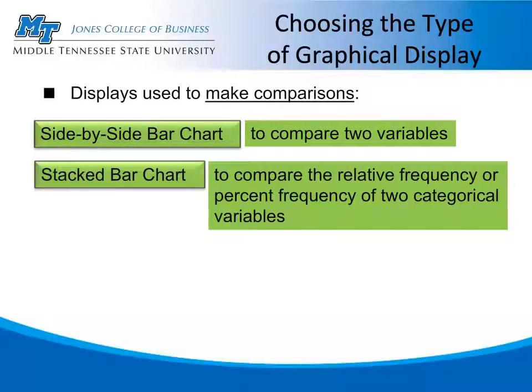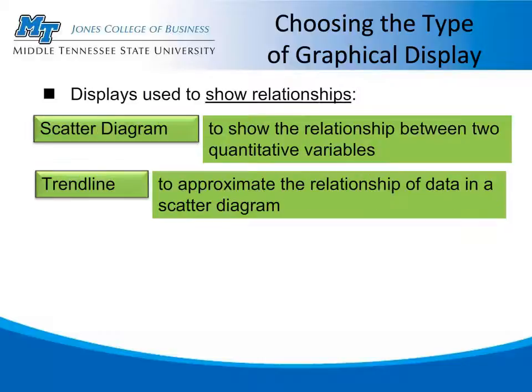Now, if you want to compare categorical data, you can use a side-by-side bar chart, or you can use a stacked bar chart. If you have parts that make up a whole, it's probably better to use the stacked version. Trying to use pie charts to do comparisons, human beings ordinarily just don't do that very well.